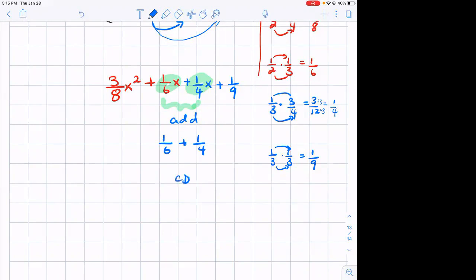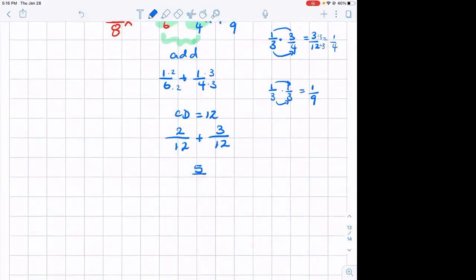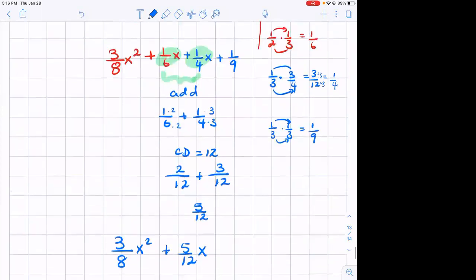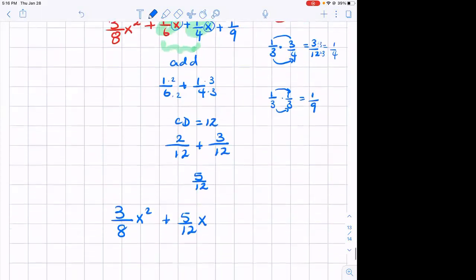The common denominator is 12. 6 times 2 is 12, so you multiply the top by 2, so this becomes 2. 4 times 3 is 12, so you multiply the top by 3, that becomes 3. And now 3 plus 2 becomes 5 over 12. So the final answer is 3 over 8 x squared plus 5 over 12 x. Don't forget the x, because each one of them had an x. Plus 1/9.